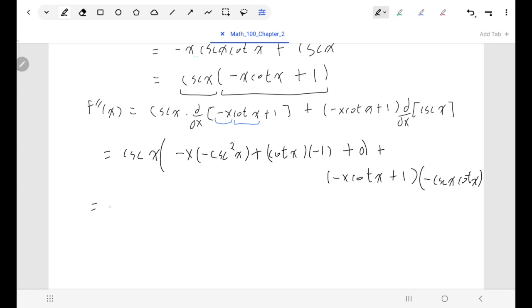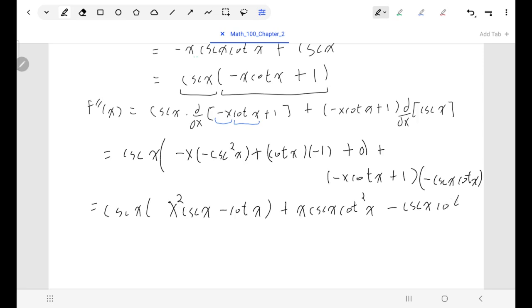So I've got cosecant of x times, I have positive cosecant squared times x minus a cotangent. And then I have plus x cosecant cotangent squared, and then a minus cosecant cotangent.